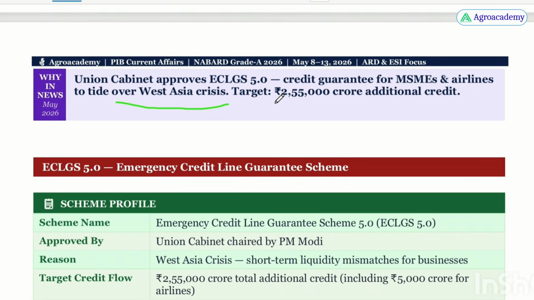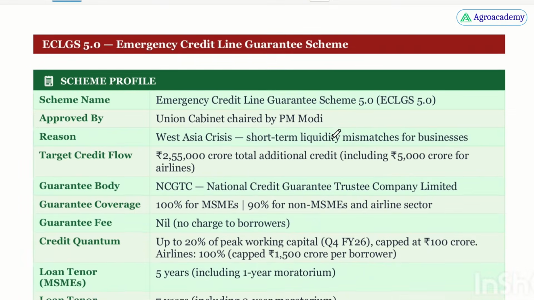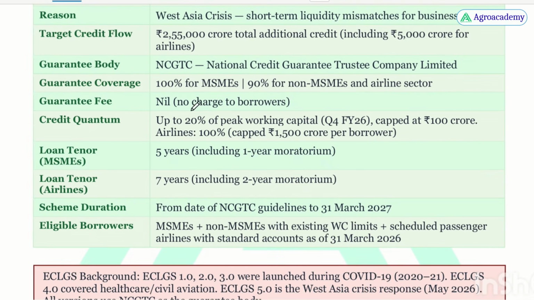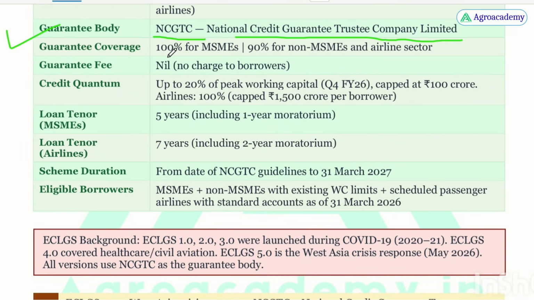The target has been fixed at 2,55,000 crore of additional credit. Who will give this guarantee? This body is the National Credit Guarantee Trustee Company Limited. You need to remember this. Guarantee coverage is 100% for MSMEs and 90% for non-MSMEs and the airline sector.